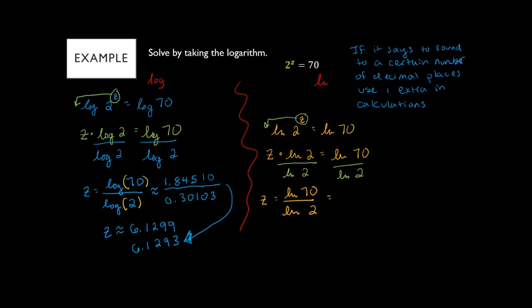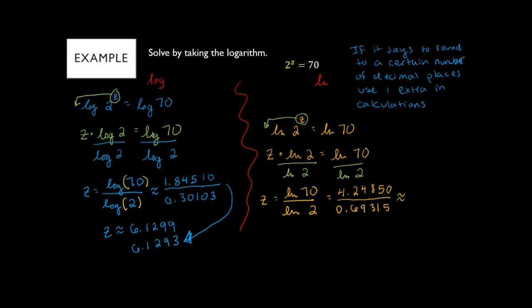So you can see the steps are almost exactly the same. And so we get z equals the natural log of 70 over the natural log of 2. So I'm going to do this separately, rounded to 5 decimal places, and I'm going to use my natural log button this time. So that gives me 4.24850 when I use 5 decimal places. And then the natural log of 2 is 0.69315.